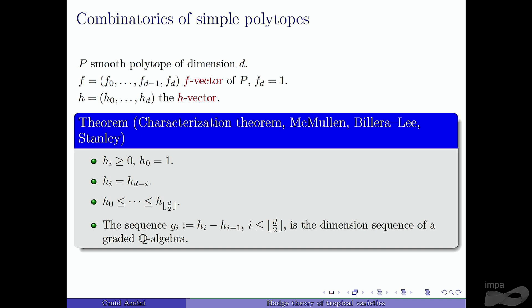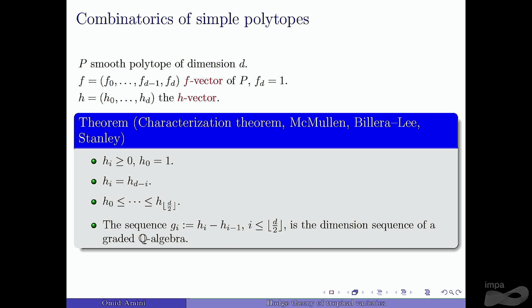It means that Gi is the homogeneous part of that algebra of degree i. And there is a combinatorial classification of these sequences. I don't have time to expand on this, but you can classify exactly what the G sequences are.